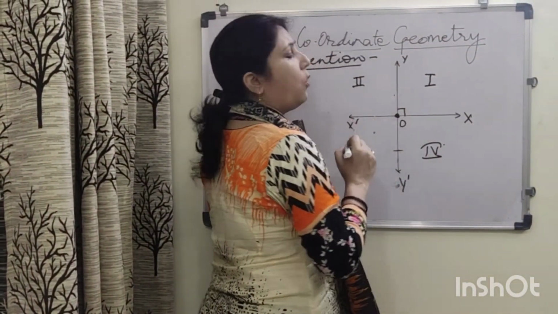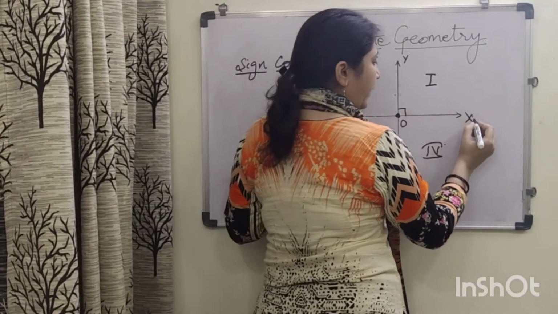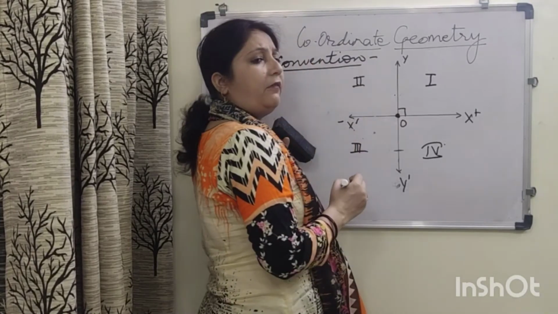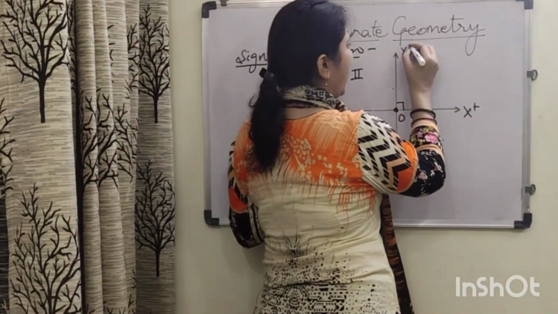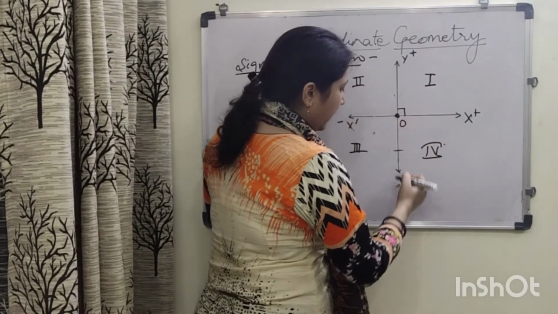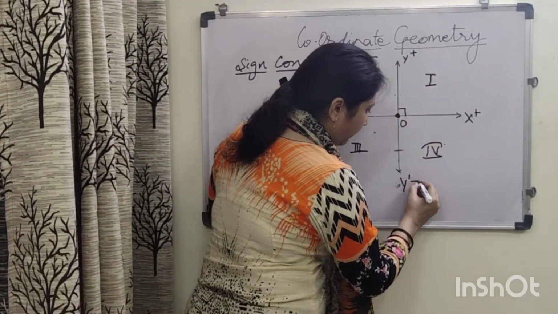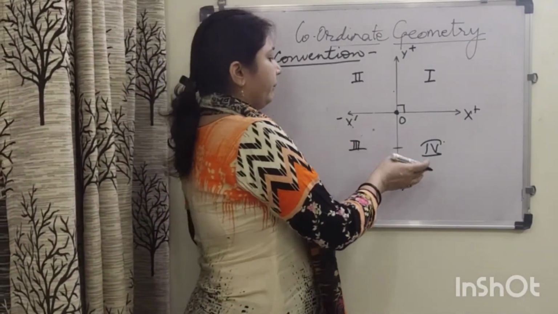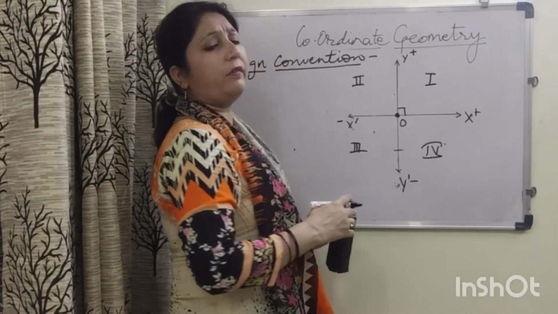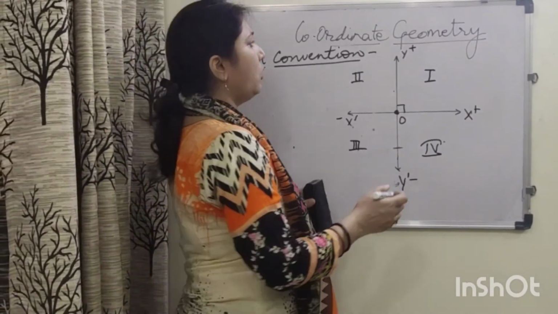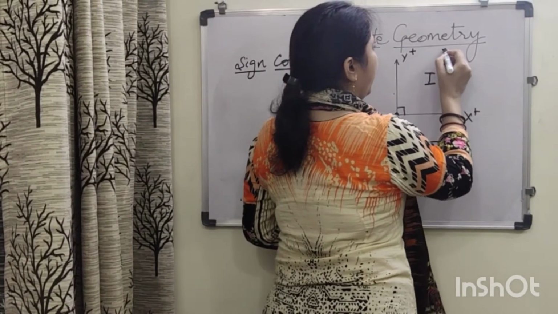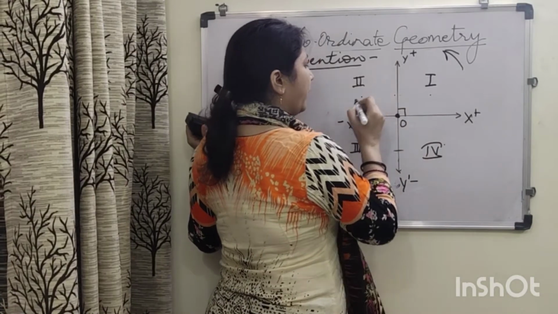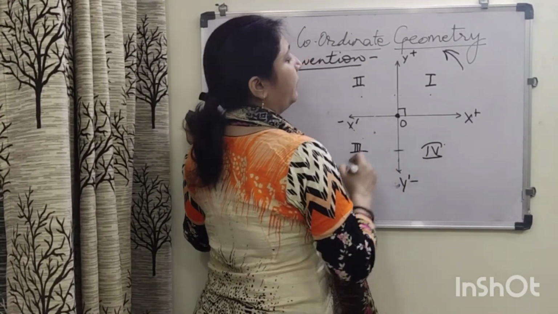With respect to O, we decide that towards right of O we have positive x, towards left of O we have negative x, vertically up we have positive y, and vertically down with respect to O we take y as negative. So this is how you can decide positive and negative directions of the axes. Now coming to the quadrant concept, moving in anti-clockwise direction, this is the first quadrant, second quadrant, third and fourth.